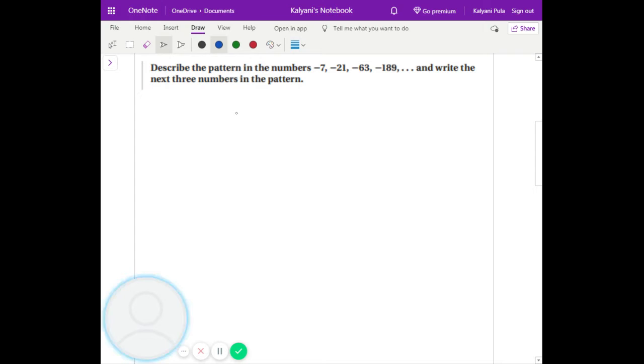So basically the pattern is -7, -21, -63. You're right. The rule is multiply by 3, not -3, just positive 3, because the negative is already in the numbers. Good work. Put a star for you. Good job.